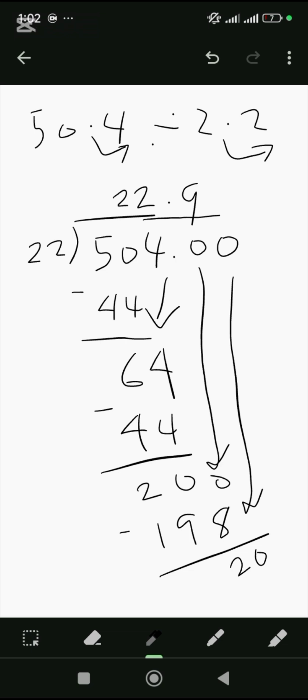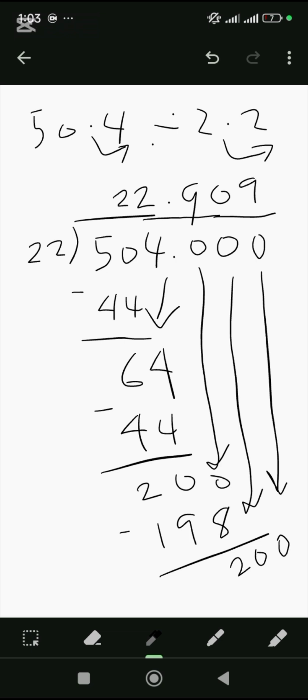So it allows you to have this 0 here, so that you can have another 0 here. You can bring down. This becomes 200. And so how many 22 are in 200? That's another 9. Okay, when you multiply this, that will be 198. And when you subtract, you have 2.